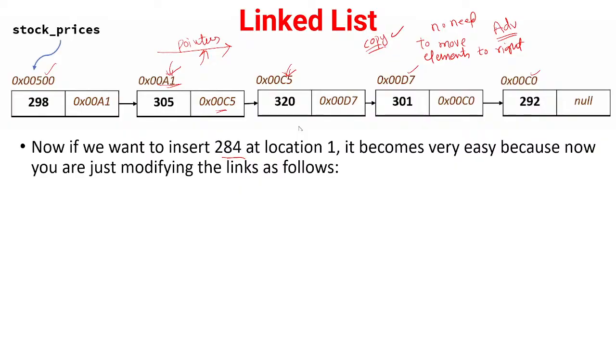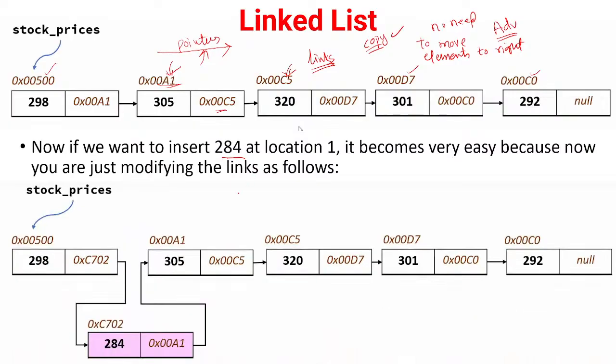It's very easy. It is just modifying links or pointers. Just by modifying two pointers, you can add a new element into the list. You can just allocate 8 bytes of memory for the new element and store 284 in that memory location.